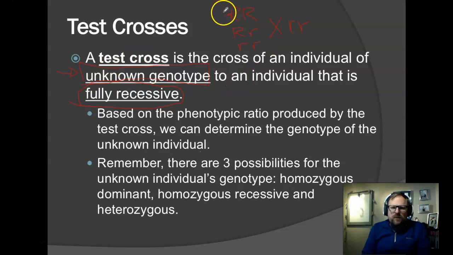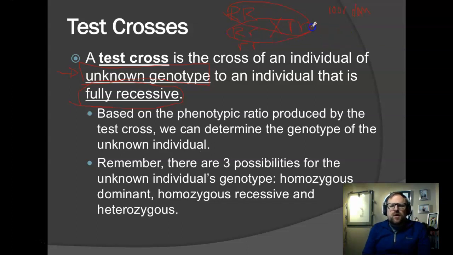For example, if we did this cross here without constructing the Punnett square, I would know that I would get 100% of whatever the dominant trait is. Okay, 100% physical expression of the dominant trait.